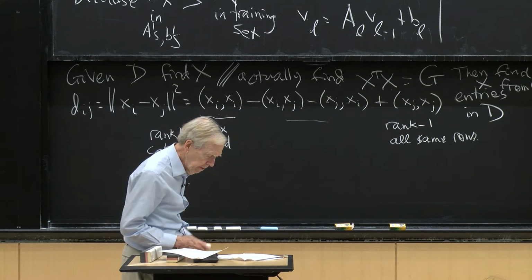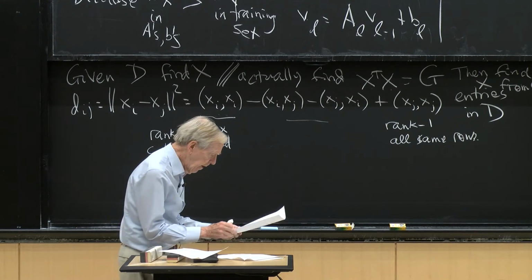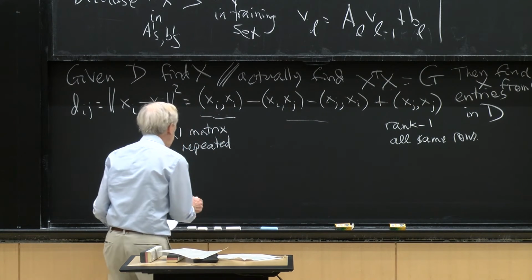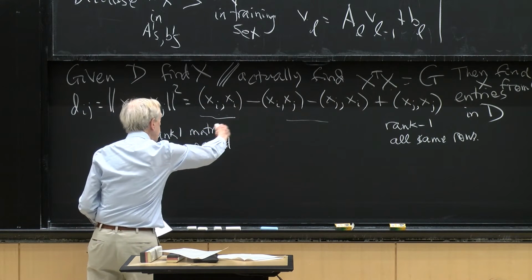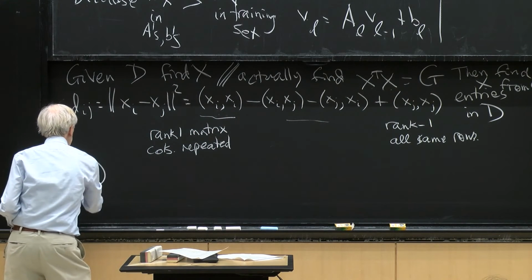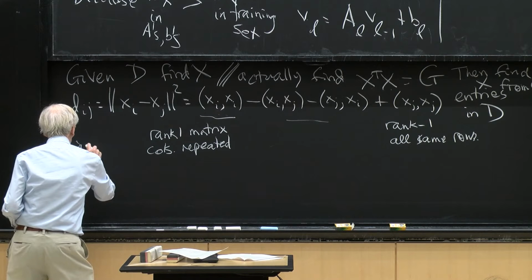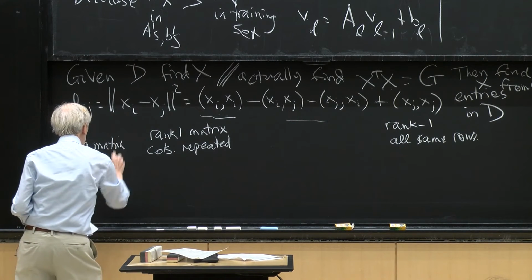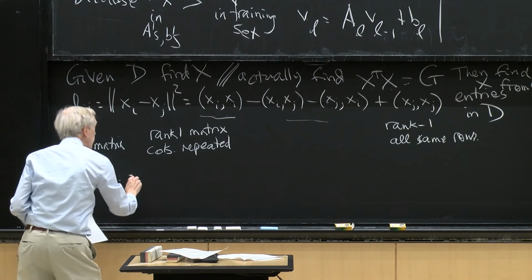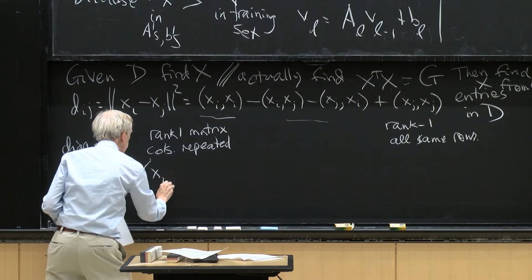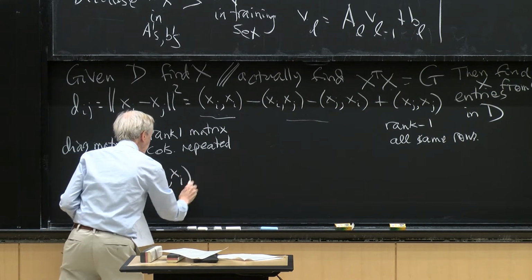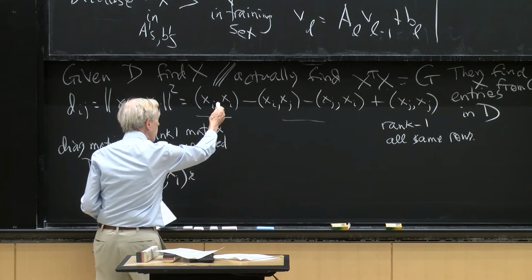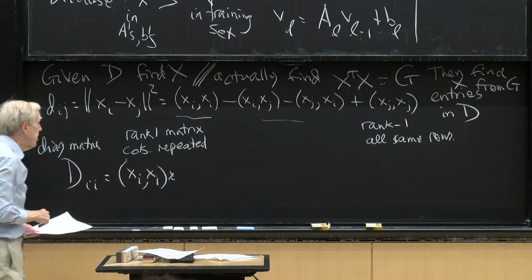Let me write down what I have here. So let's say a diagonal matrix with dii as the inner product xi with xi, we're getting partial information from here.